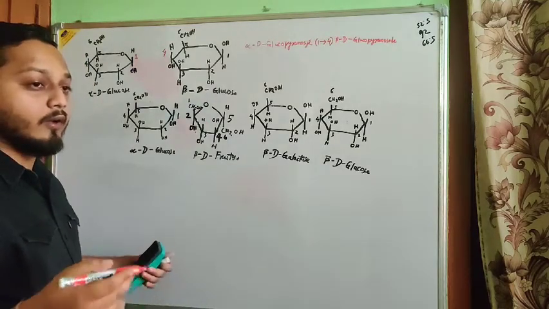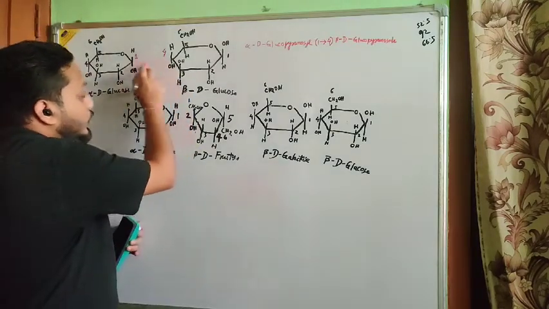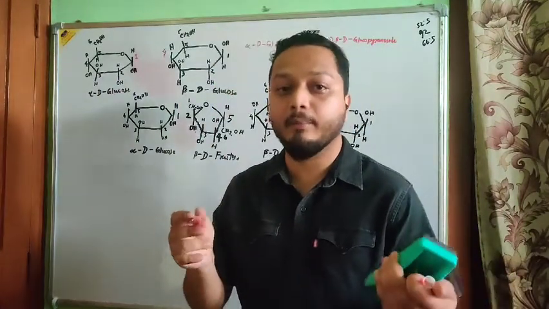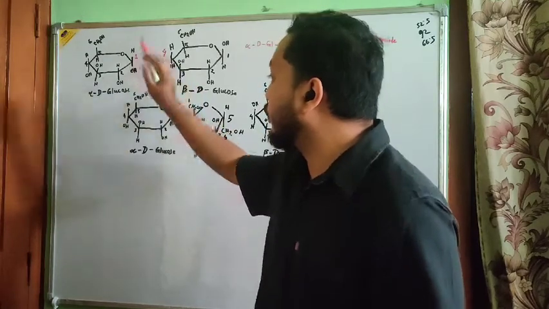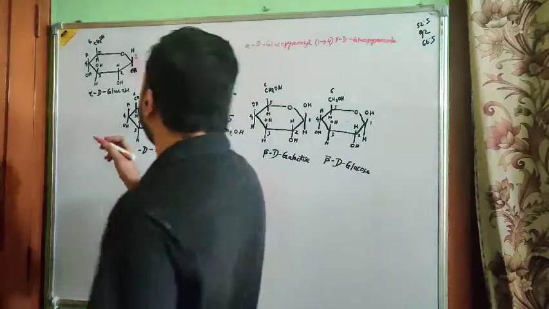Now, glycosidic bond will form between these two hydroxyl groups. There is an easy trick. Always remember, you have to link these two hydroxyl groups and you have to remove one water molecule from this.